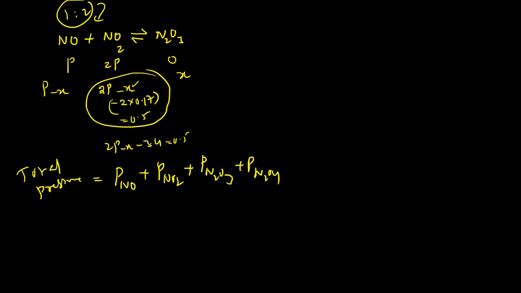Then total pressure we have got, that is 5.05, is equal to PNO, that is P minus X, plus PNO2 which is 0.5, plus N2O3 which is X, plus N2O4 which is 1.7.